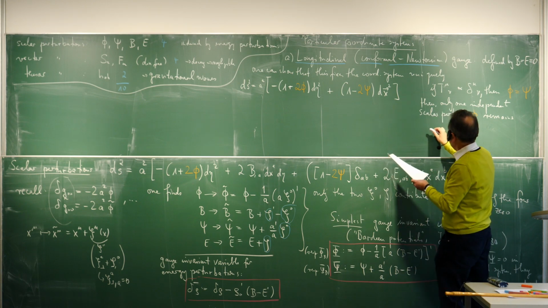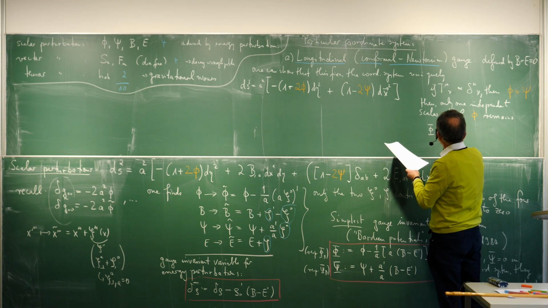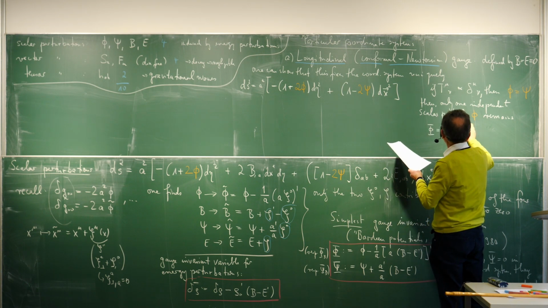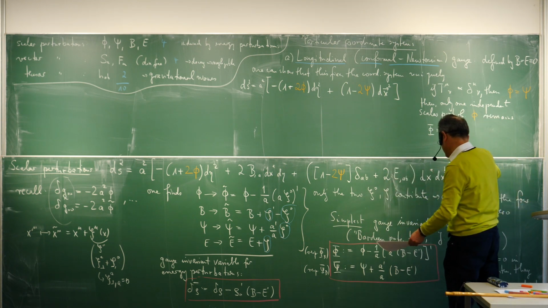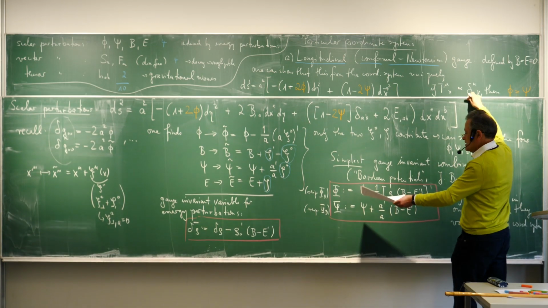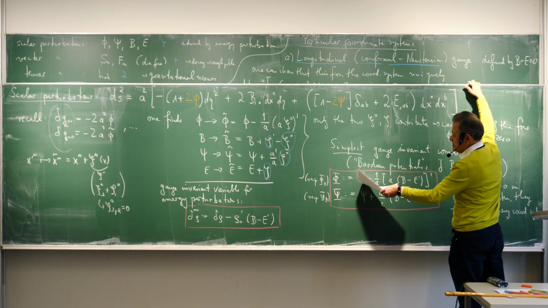In particular, we have then that the capital phi is equal to the small phi, and this is equal to the capital psi here. You see, the Bardeen potentials with B and E equal to 0 coincide.